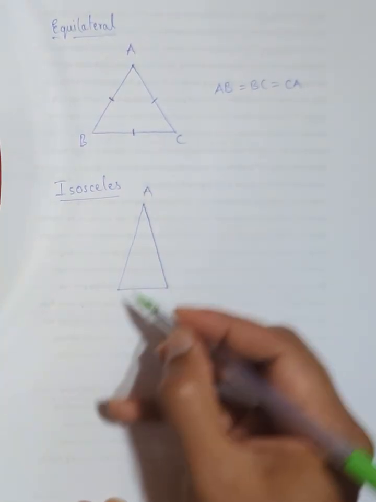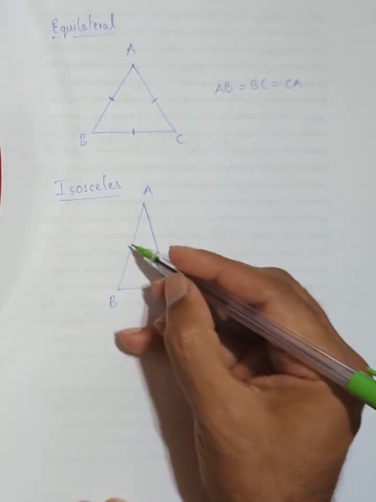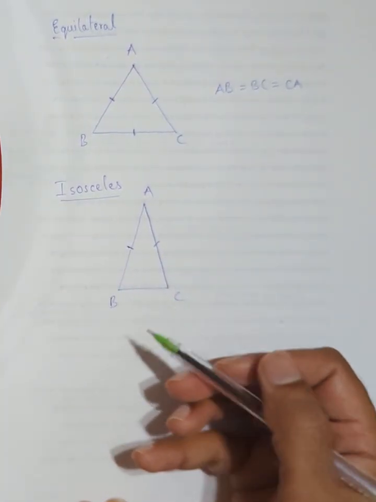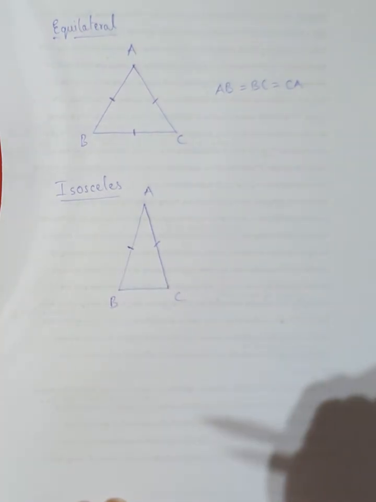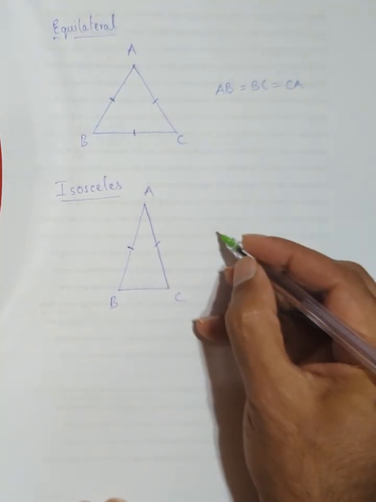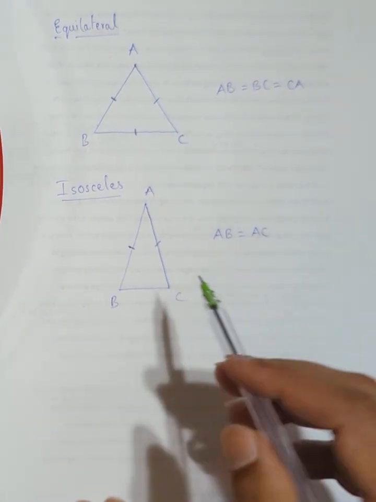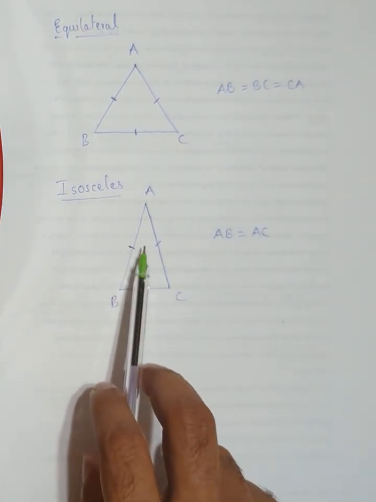So if I draw a triangle with AB equal to AC, but notice BC need not be equal to them. So let's go ahead and write AB is equal to AC. Now that triangle is called isosceles.